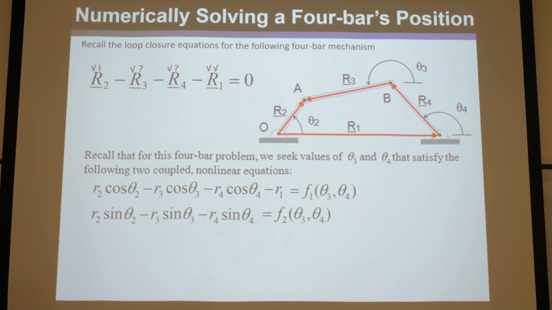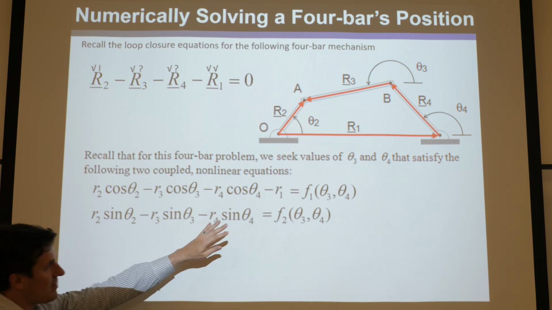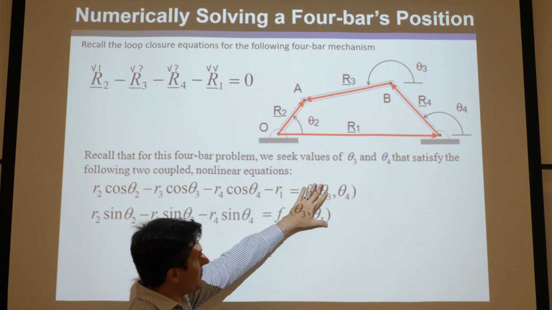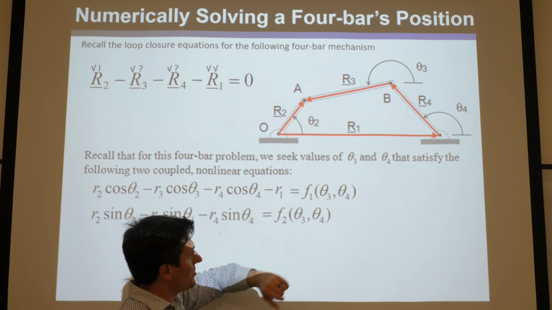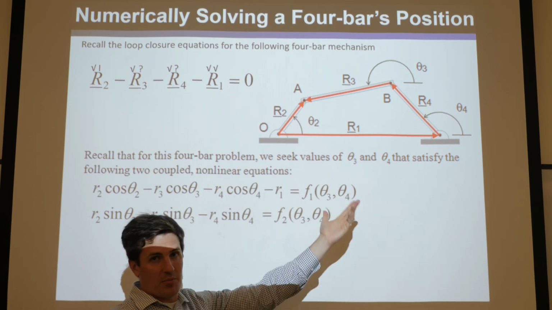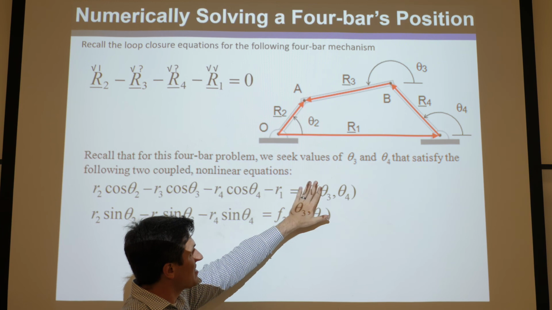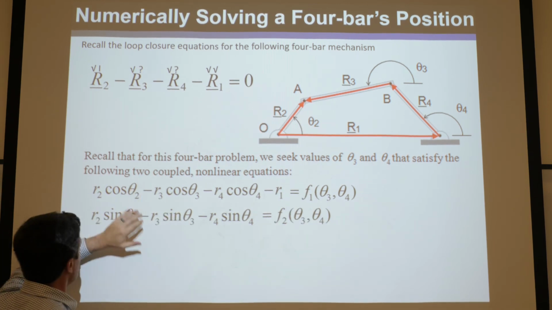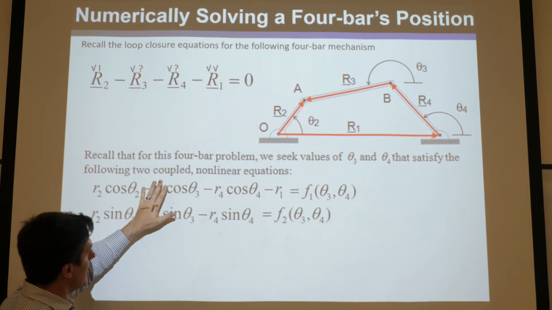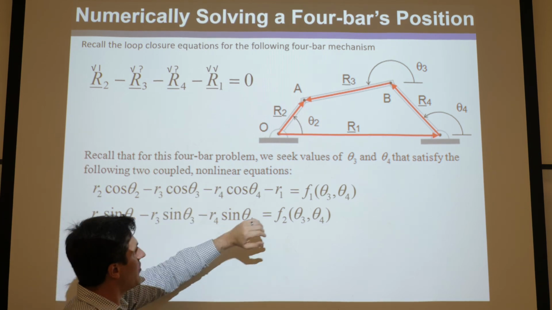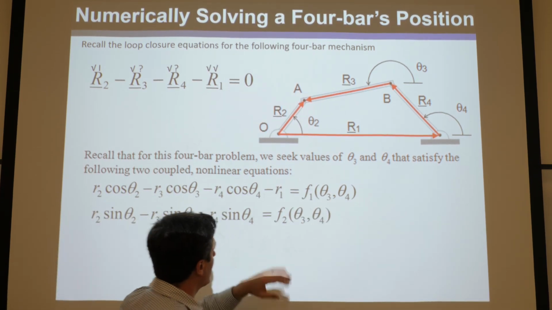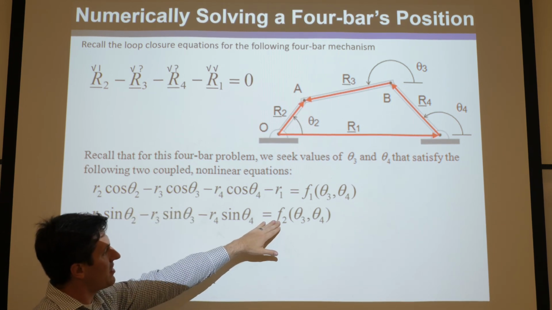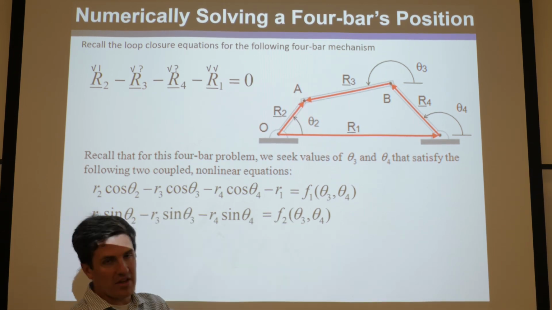Instead of setting these to 0, say you set these to functions of 2 independent variables that are actually the outputs that you care about. So say this is just a function. R2 and theta 2 are the inputs, because you do know them. You know R3 and R4, and this is now a function of theta 3 and theta 4. Same thing here. This is a second function, and it's a function of theta 3 and theta 4.